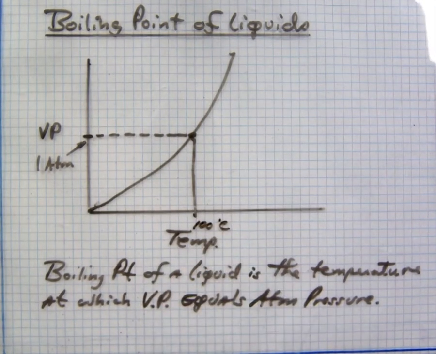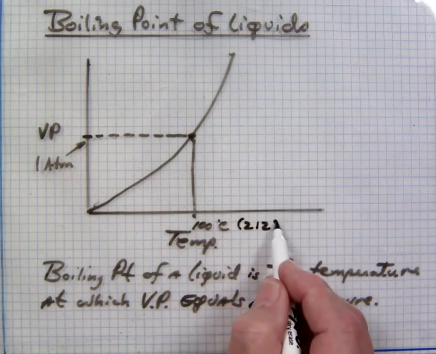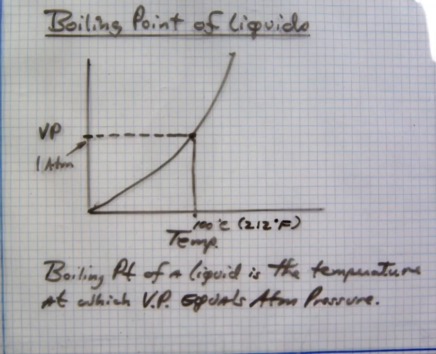We all know 100 degrees Celsius, 212 degrees Fahrenheit, or 373 Kelvin if you want to get technical about it. So this is the point at which water will certainly boil.